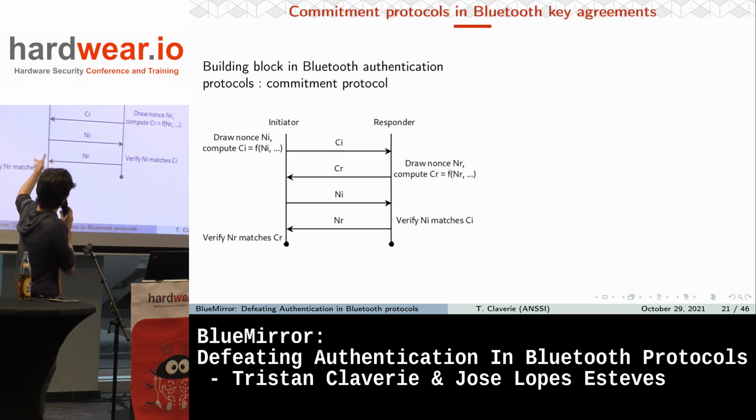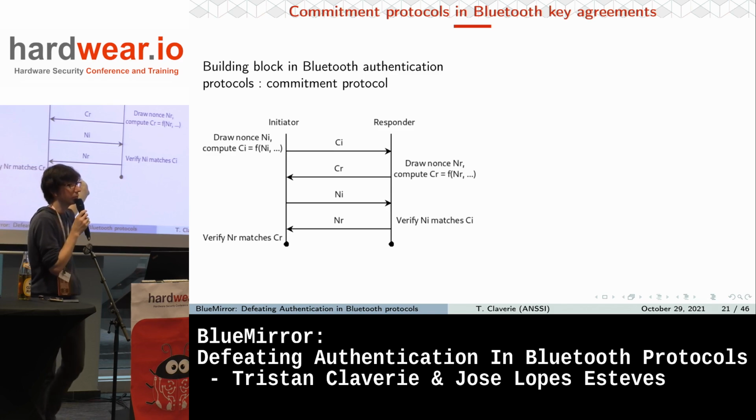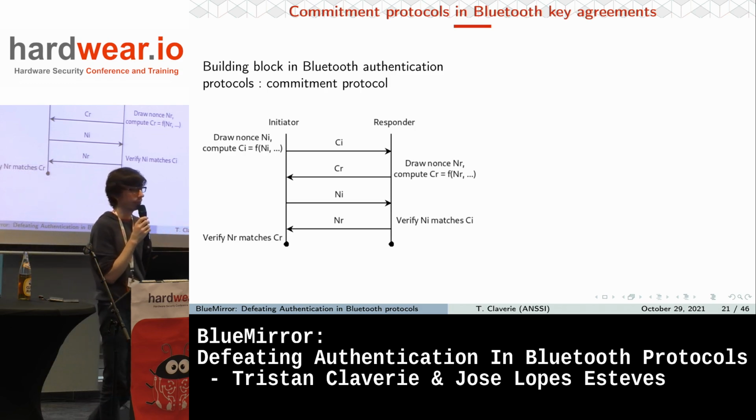Here, imagine the initiator and responder share an authentication secret. The initiator draws a random value. It computes what is called a commitment or confirmation value, and it sends this confirmation value to the responder. The responder does the same.